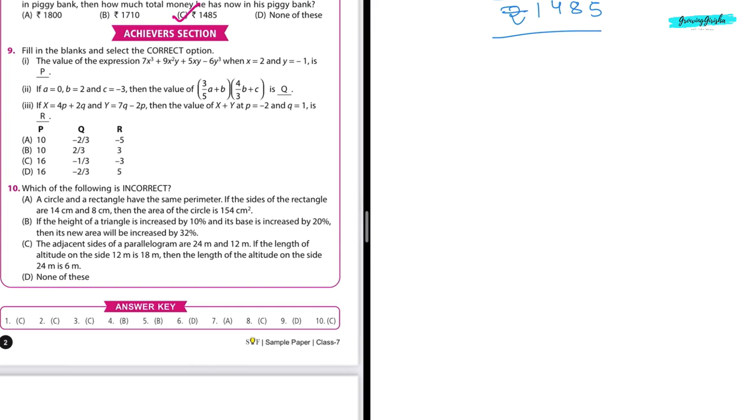Achievers section, question 9. Fill in the blanks and select the correct option. First, the value of the expression 7x cube plus 9x square y plus 5xy minus 6y cube when x is equal to 2 and y is equal to minus 1 is dash.